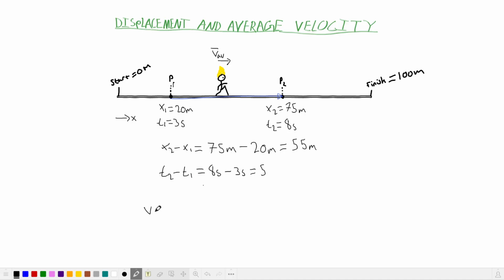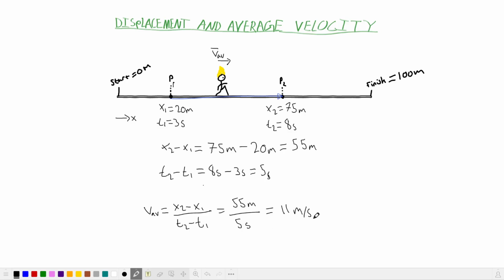So the magnitude of the average velocity is going to be x2 minus x1 divided by t2 minus t1, which is 55 meters divided by 5 seconds. Oh, we forgot the unit here. And that's going to be 11 meters per second.